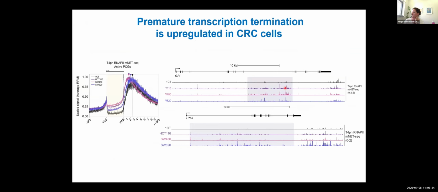Here are examples where we can clearly see that there's more premature termination happening in cells from cancer than in cells from the healthy colorectal epithelium.